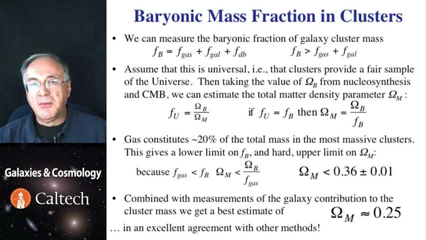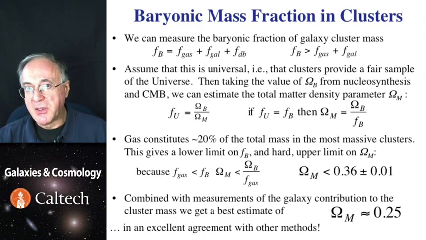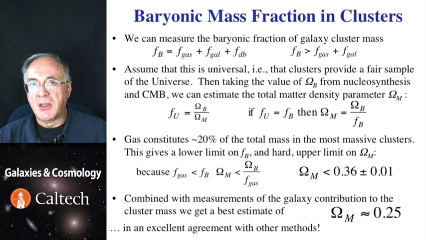So roughly speaking, 15 or 20% of mass in clusters is in the form of X-ray gas, and that gives us limits. At the same time, we can say what the lower limit to the fraction of baryons is, and also what the upper limit on omega matter is.